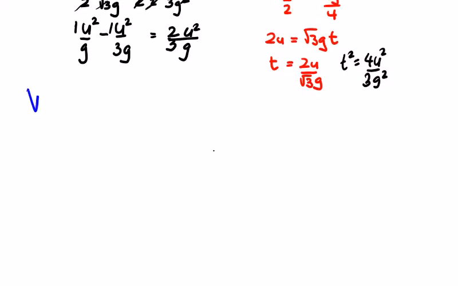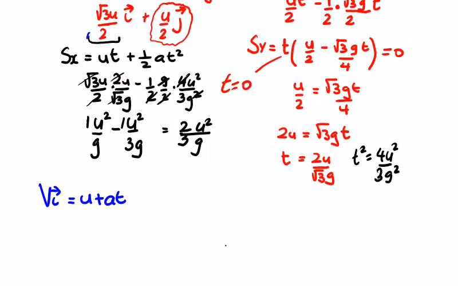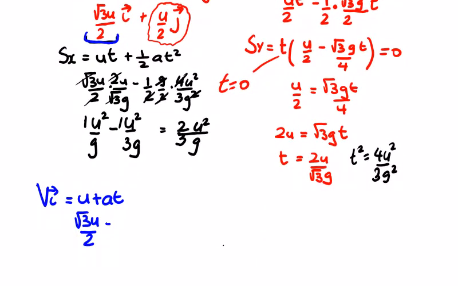So we need to look at the new velocities. The velocity in the i direction is going to be u plus at. What have we got for u? We had root 3 u over 2, and the acceleration was minus g over 2 in the i direction, times the time taken to get to where the ball struck, which was 2u over root 3g.